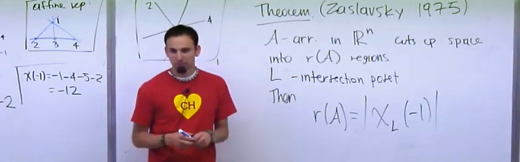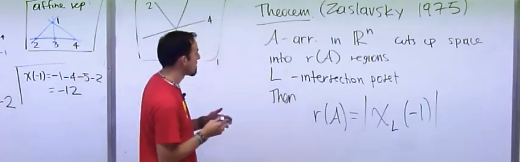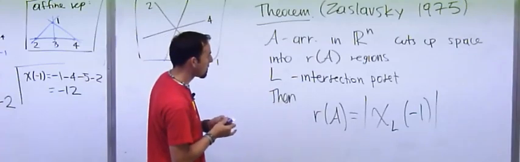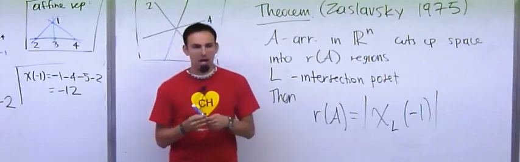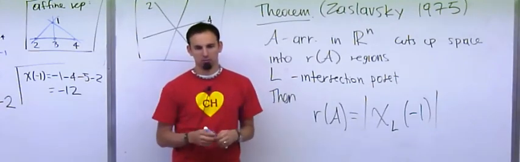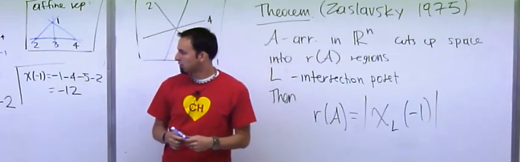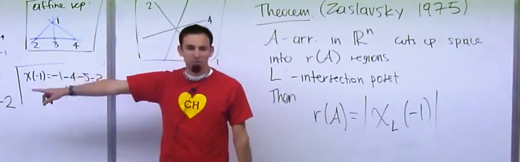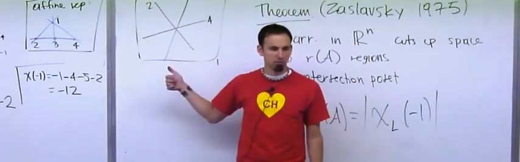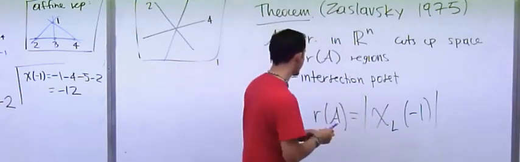So I think that's good justification to care about what these characteristic polynomials are. You might also ask yourself, out of these regions, how many are bounded? Staring at that picture, and more so staring at this picture, you can convince yourself that there's no bounded regions. But in other cases, there might be bounded regions.